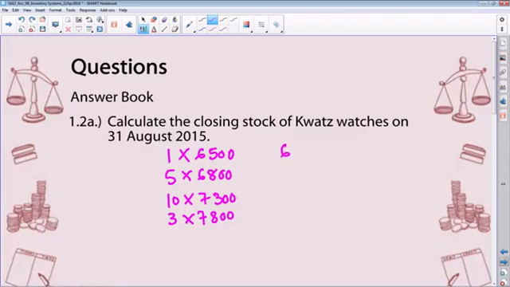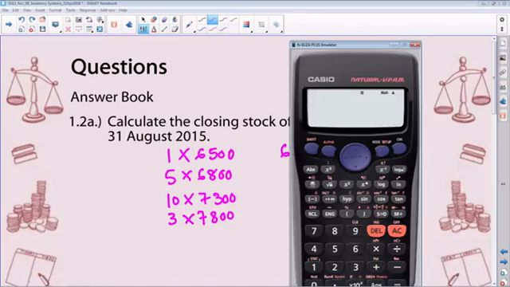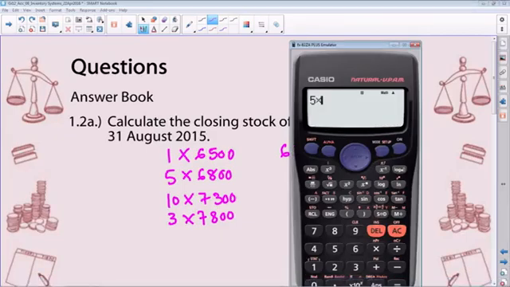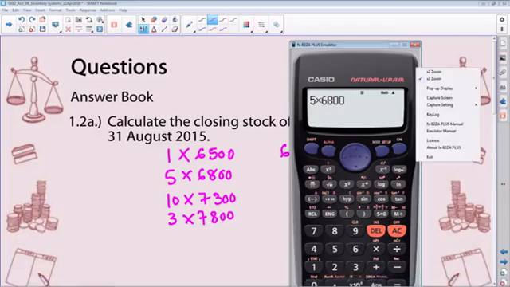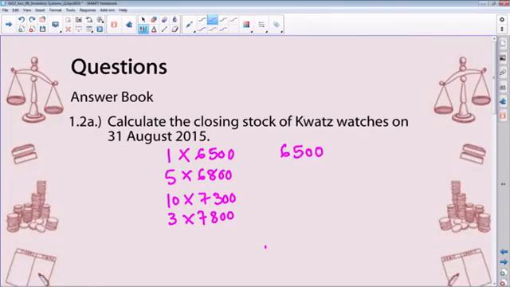That will be 6,500. 5 at 6,800. Let's do that. 5 times 6,800 will give me a value of 34,000. So there's my 34,000.